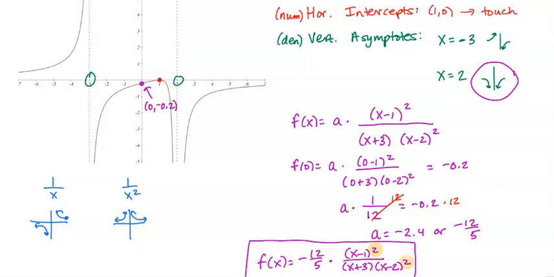We need an exponent of 2 in the numerator, because that horizontal intercept is a place where the graph touches the x-axis. We need an exponent of 2 in the denominator on the factor of x minus 2, because at that vertical asymptote we see the graph is going down on the right side and down on the left side, which is different than our other vertical asymptote where one side goes up and one side goes down.